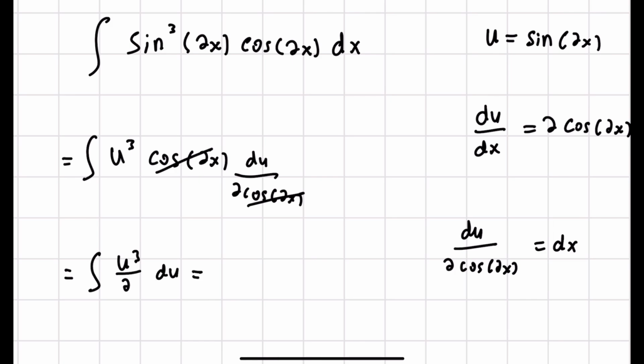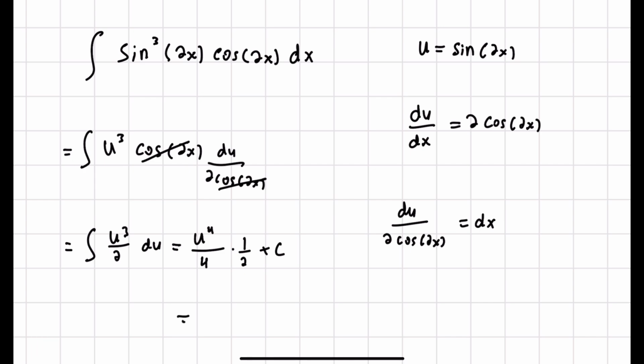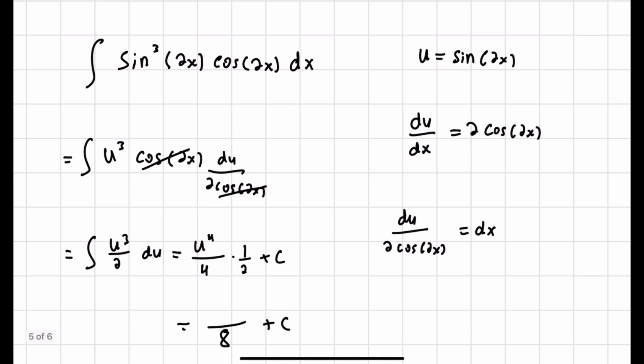And the integral of this would be u to the power 4 over 4 times 1 over 2 plus the constant c. And this simplifies to u to the power 4 over 8 plus c, and then u to the power of 4 is equal to sine 2x to the power of 4. And here is our final answer.